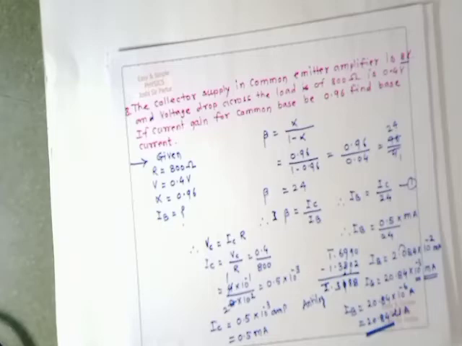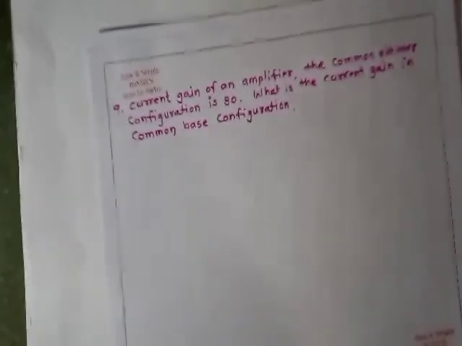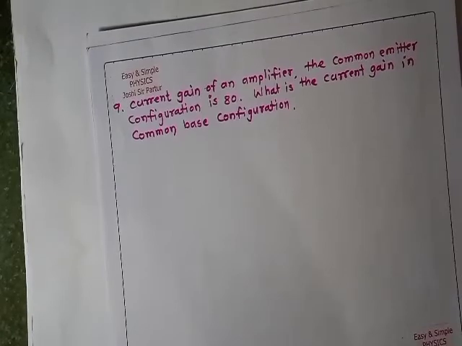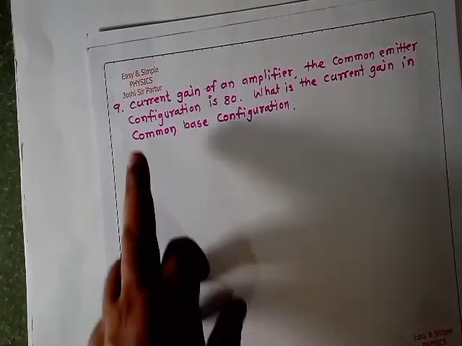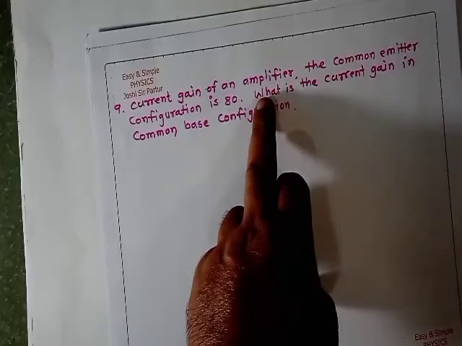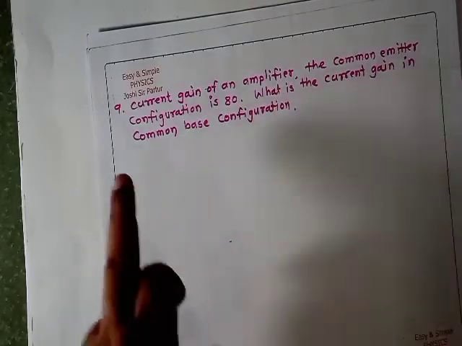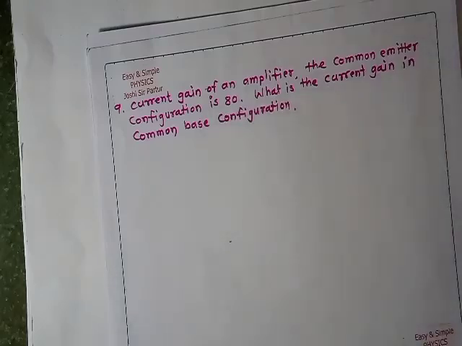A similar problem, or another problem, will be seen, that is problem number 9. Problem number 9 is given: the current gain of an amplifier in the common emitter configuration is 80.